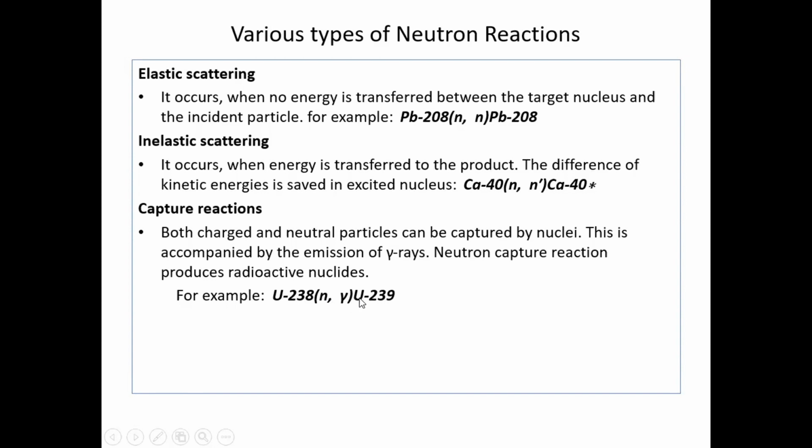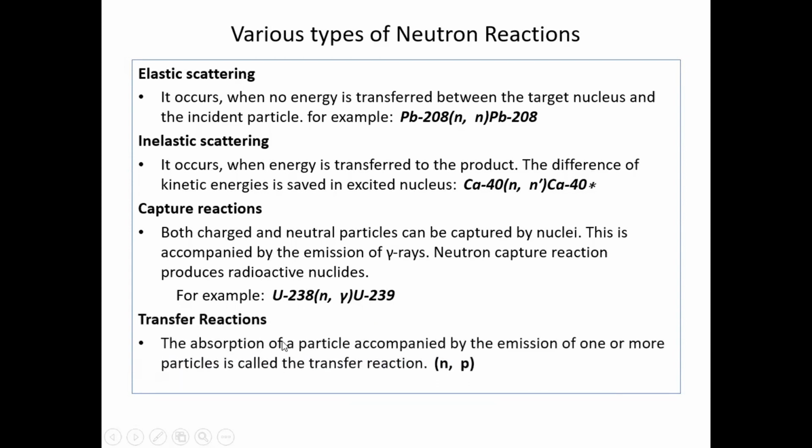So the product is U-239, and the gamma ray is emitted because, when a compound nucleus was formed, it de-excites by emitting a gamma ray. So the neutron is captured, and now the mass number is changed, but uranium is uranium. The Z number, 92, is the same, the charge is the same. Eventually, this is unstable. It will decay and become plutonium-239, which we are not really showing here.